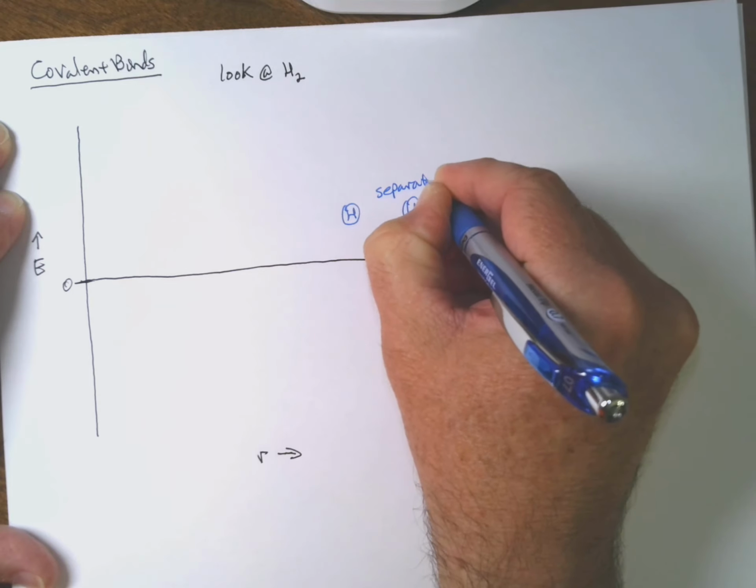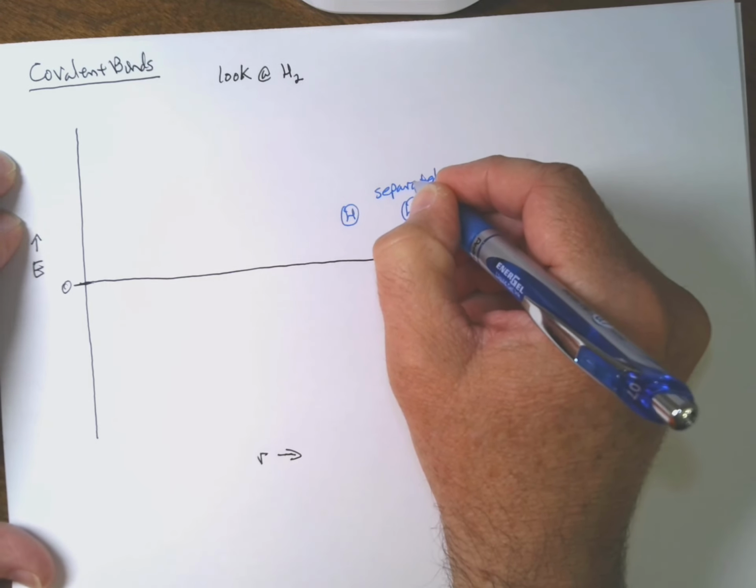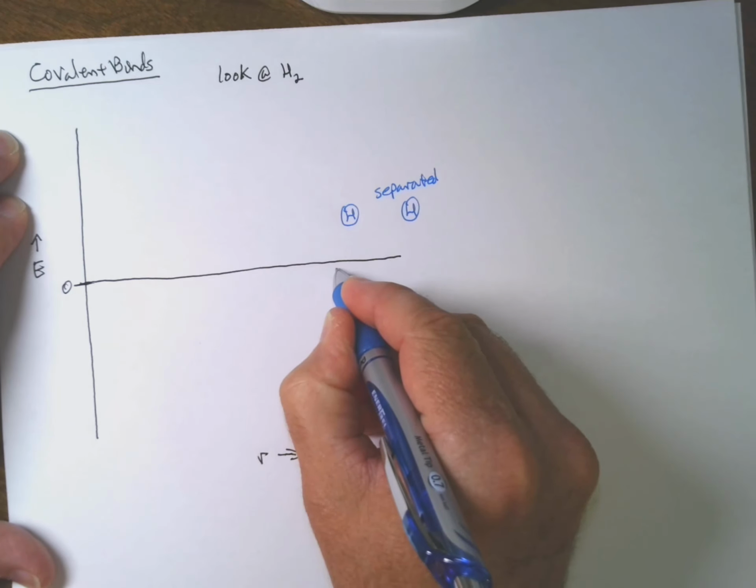And so look at H2, look at hydrogen. Way out here we have a huge internuclear distance, so our hydrogen atoms are separated. And that means we have essentially, it maybe never quite gets to zero, it's an asymptote, but we have essentially zero energy.